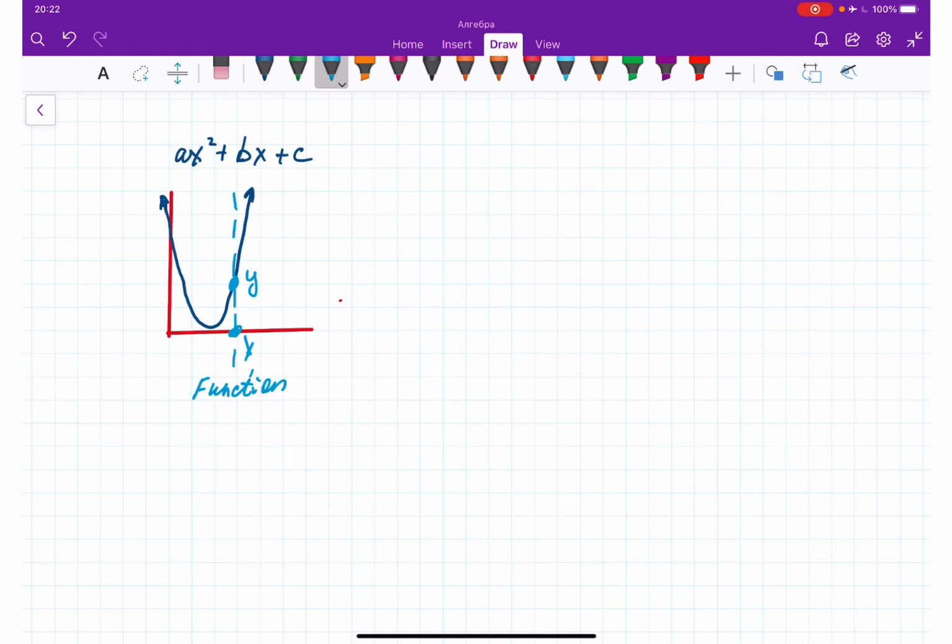But if I draw the parabola in this format, and if I test it using the vertical line, what do we see?